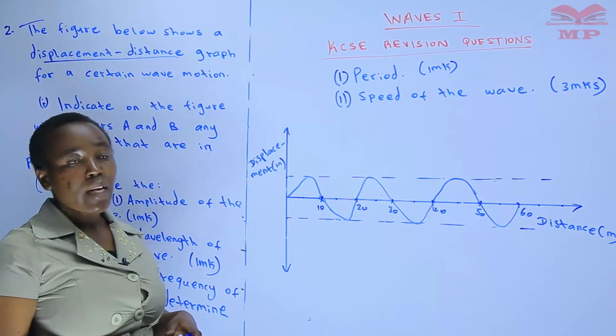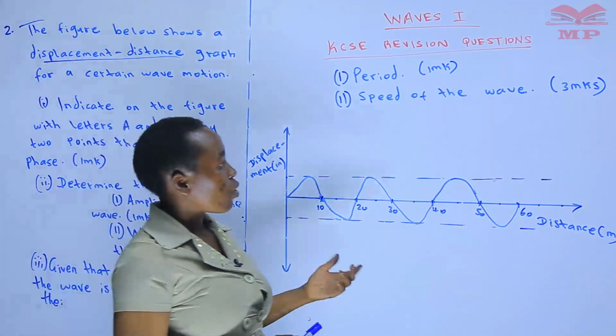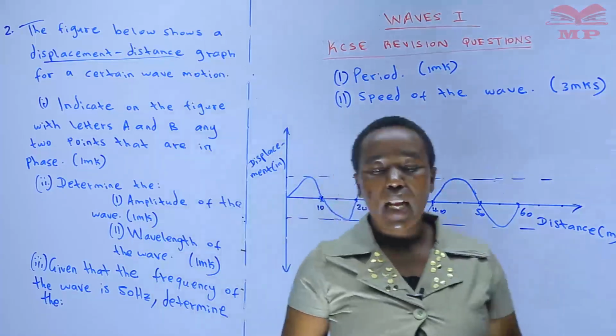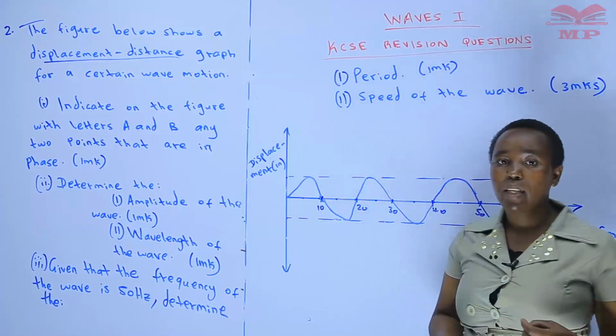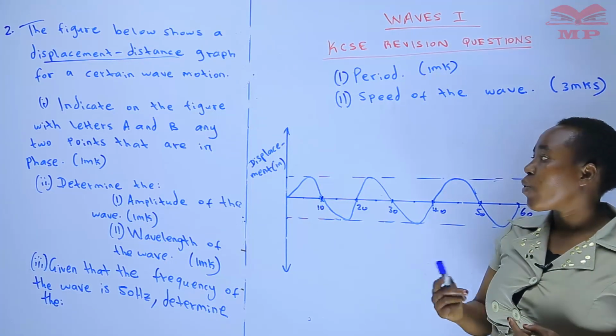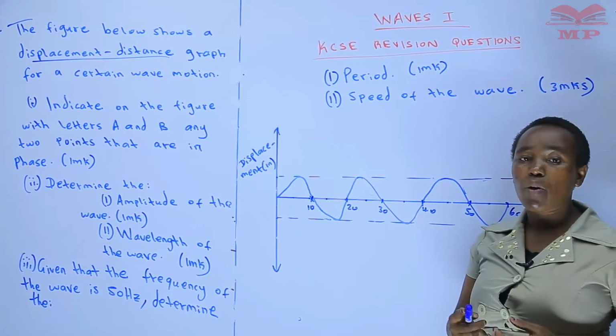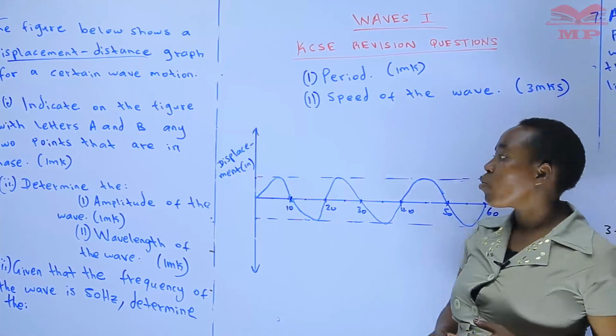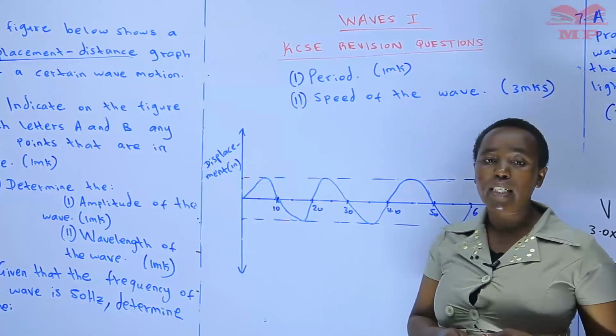Basically, waves 1 is on, we talked about the major classification of waves, the EM waves and the mechanical waves. Then we went ahead to transverse and the longitudinal waves. We looked at phase and phase difference.